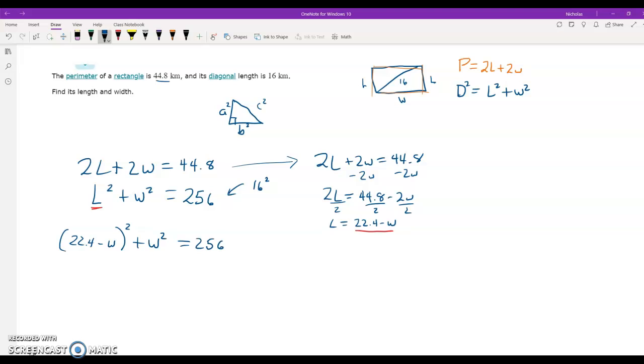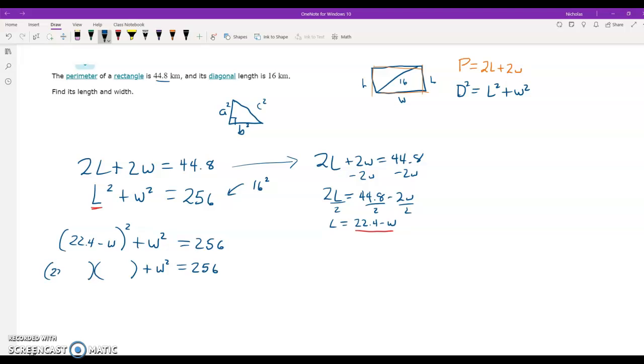Be careful here. It's tempting to distribute the squared, but this is a two-term binomial. So when we think about something like this squared, we should default to thinking about writing it twice.